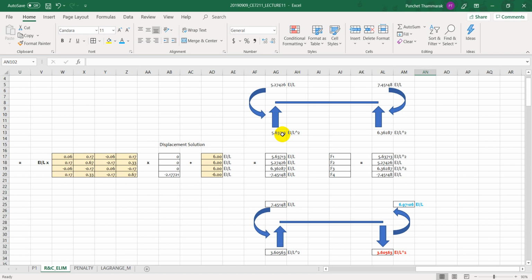So you can put the profile of the uniformly distributed load, or maybe the distributed load but not over the entire span. You can put point load, point force, point moment, etc. So the spreadsheet is capable of dealing with many types of load, right?